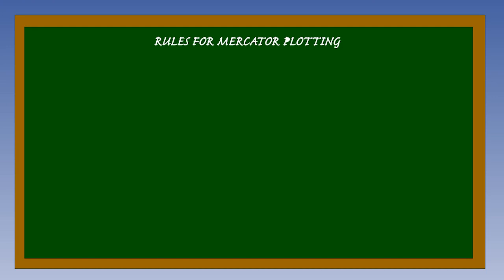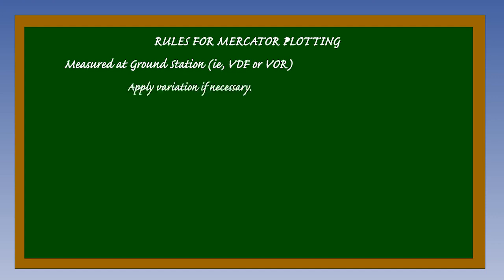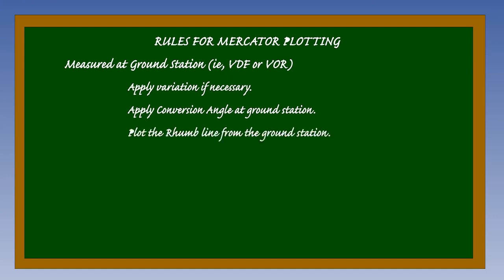These are the rules for applying conversion angle and plotting the rhumb line. For bearings measured at the ground station, that is, VDF or VOR, first apply magnetic variation at the ground station if necessary. Then apply the conversion angle at the ground station end. Then plot the rhumb line from the ground station.